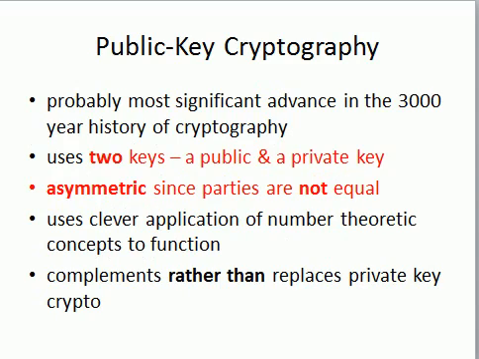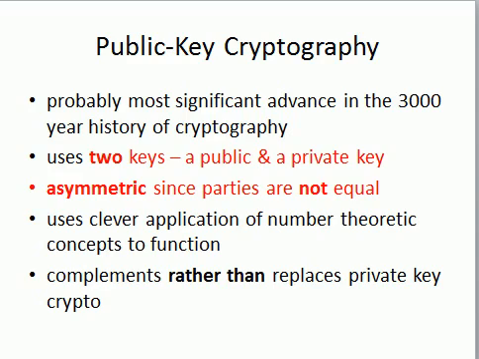The next method used for encryption is called public key cryptography, and when we compare this with the other method, the symmetric key encryption, two keys are being used, called the public key and the private key.